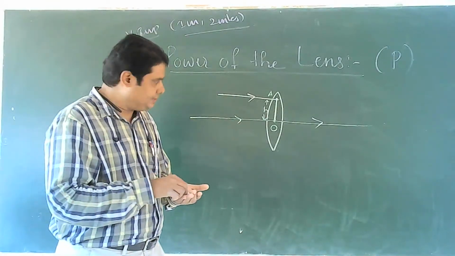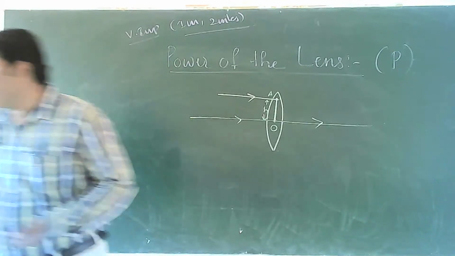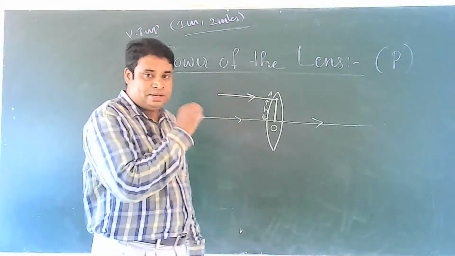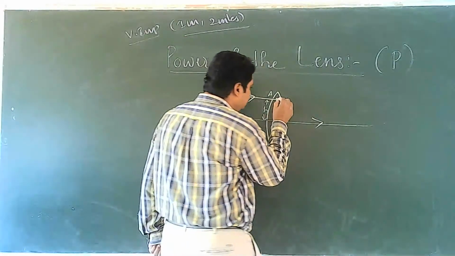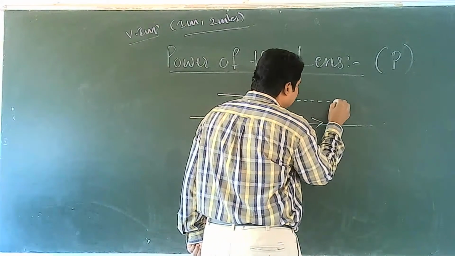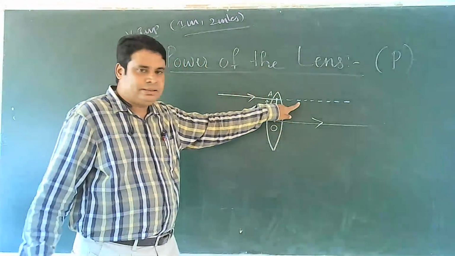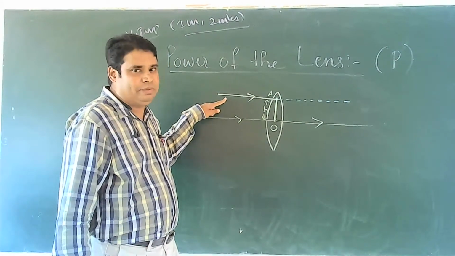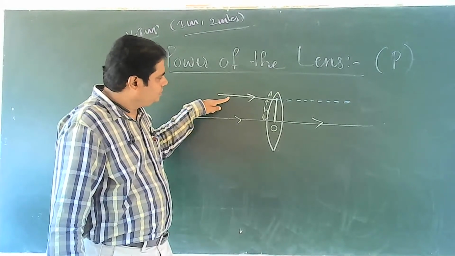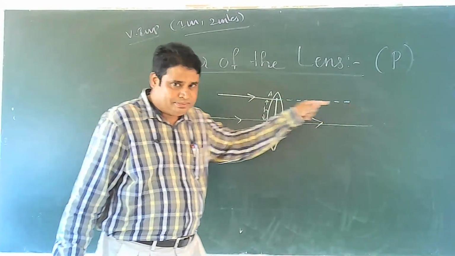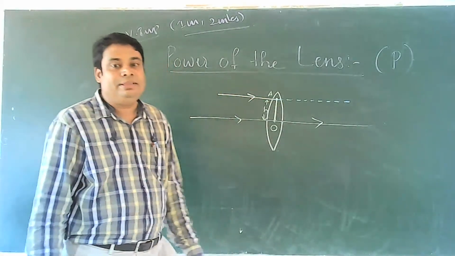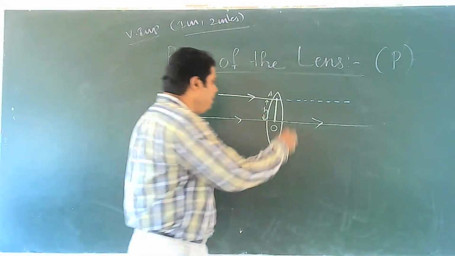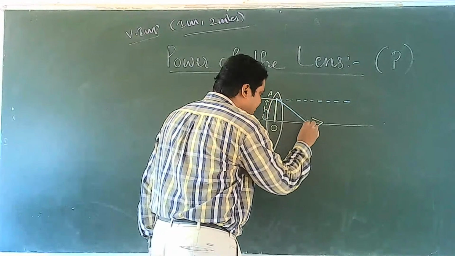Now we can define power of lens. Imagine, in the absence of this convex lens, this is the path taken by this straight line. This is a ray of light or beam of light. A beam of light could have taken the path along a straight line in the absence of this lens. Due to presence of lens, we observe there is bending.